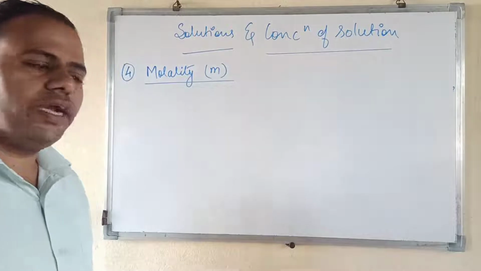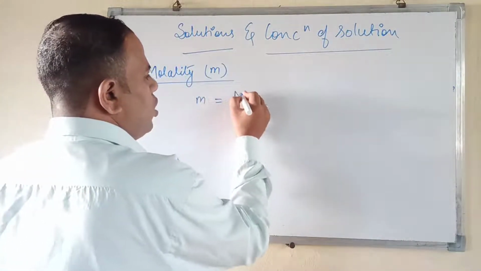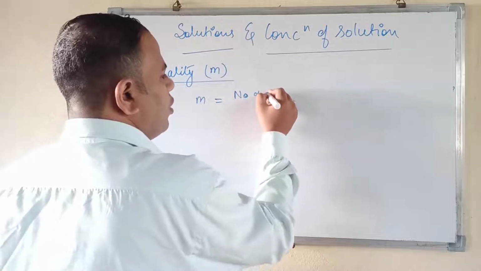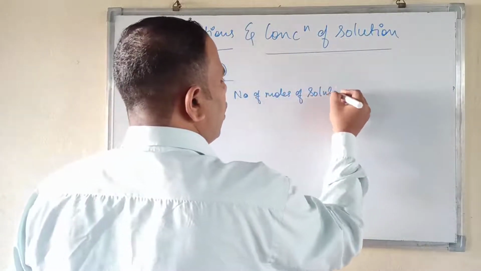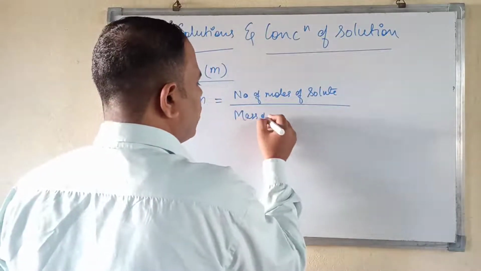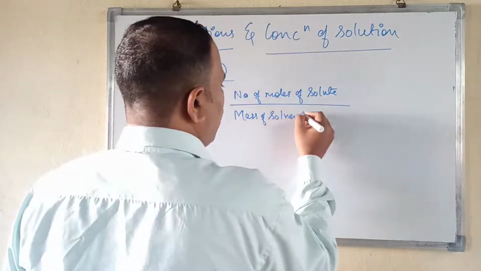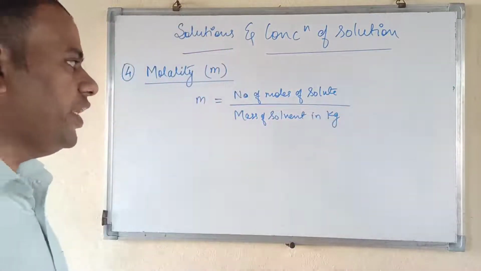So how to calculate the molality? Molality, small m, is equal to number of moles of solute divided by mass of solvent in kg. Here you have to take the mass of the solvent in kg.